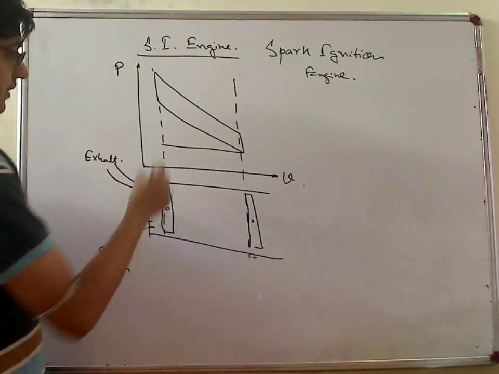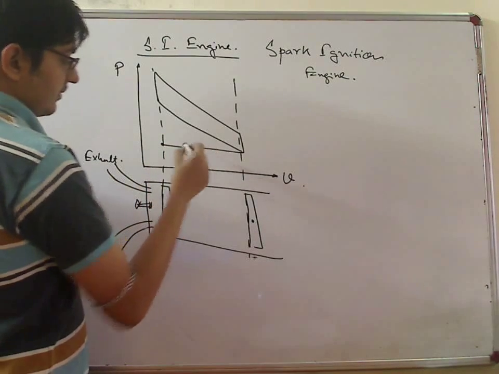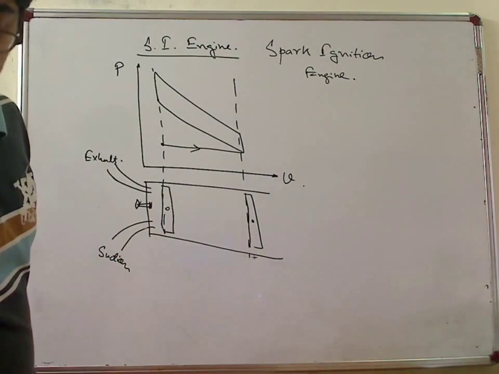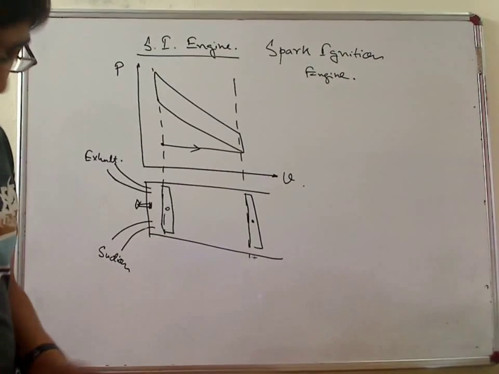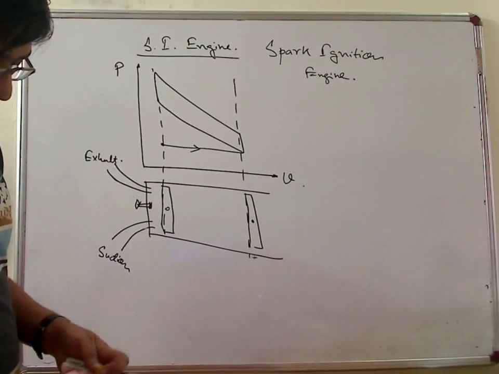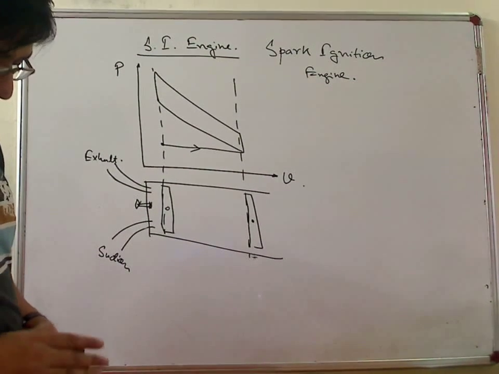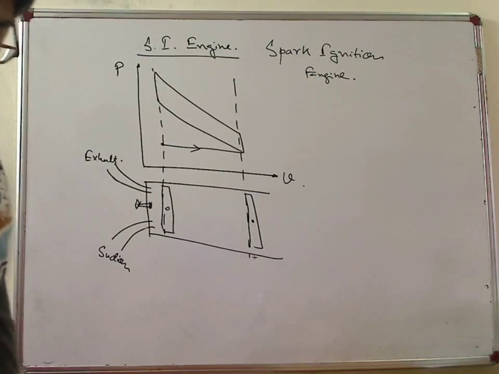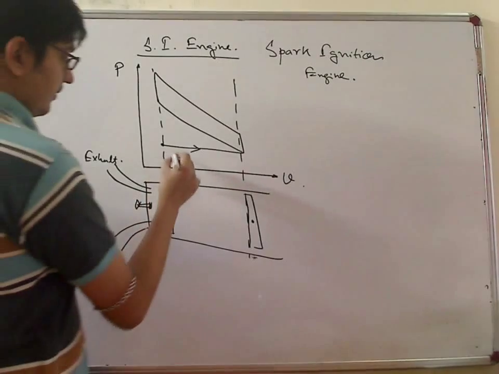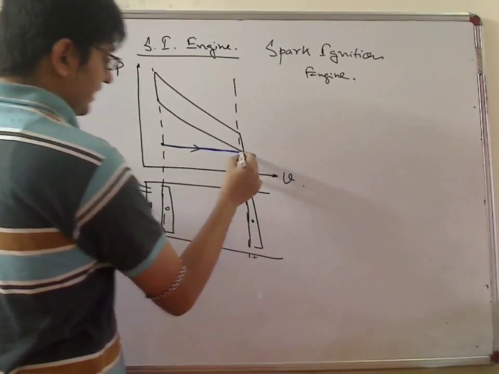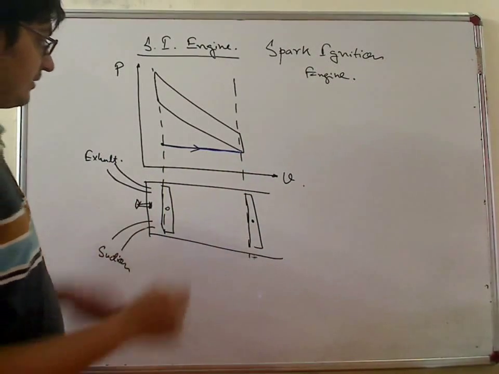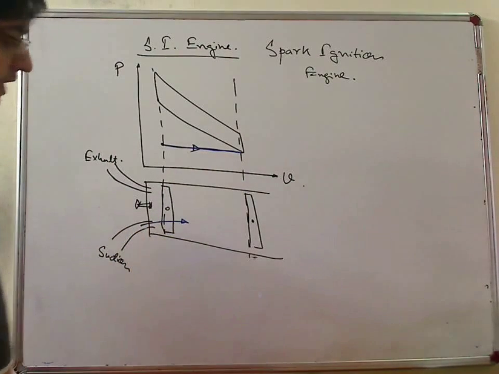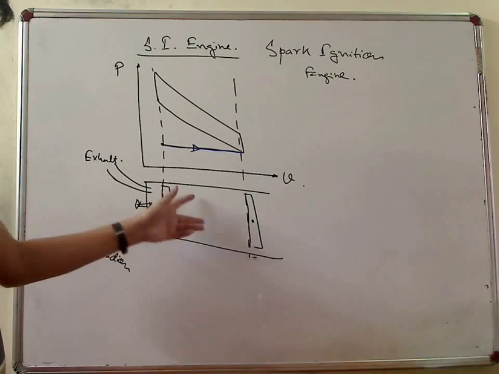So first is this line, means the suction stroke. So in the suction line, the air charge comes into the cylinder.